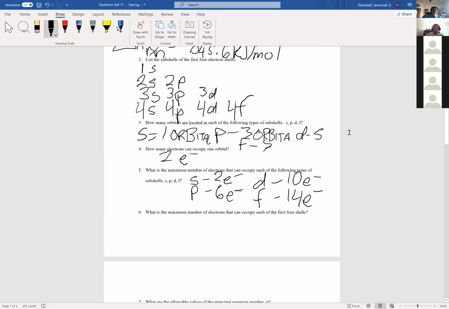So for the first shell, what will it be? For the first one, it just has the s subshell. So how many electrons can it have?